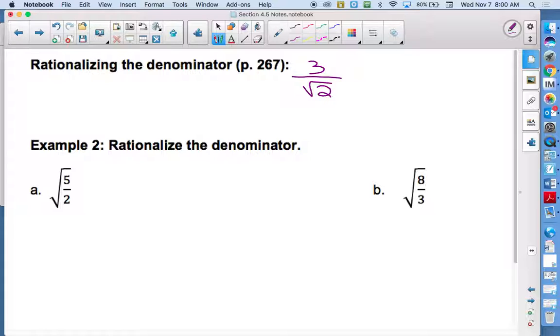You're not allowed to have a square root in the denominator of a fraction. It's considered unsimplified. So we use the process of rationalizing the denominator to get the square root out of the denominator. So rationalizing the denominator is taking the square root value out of the denominator.